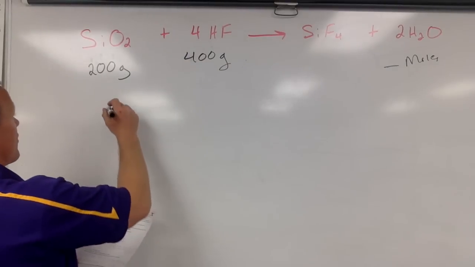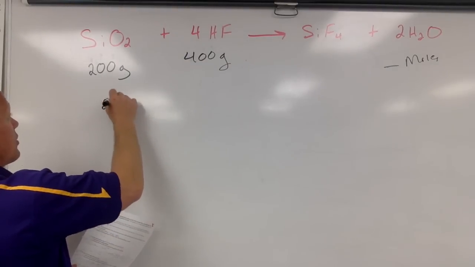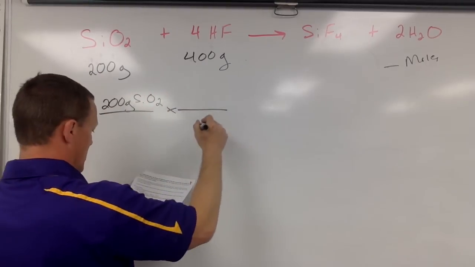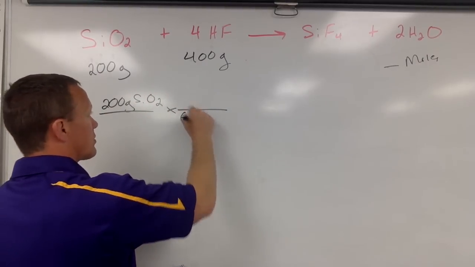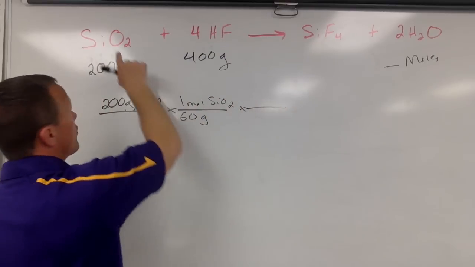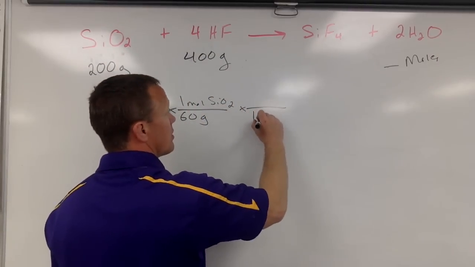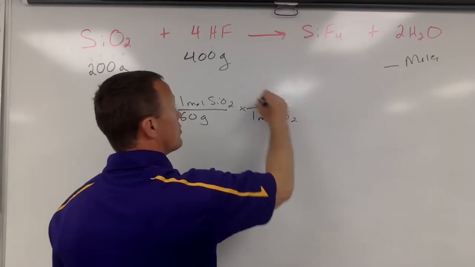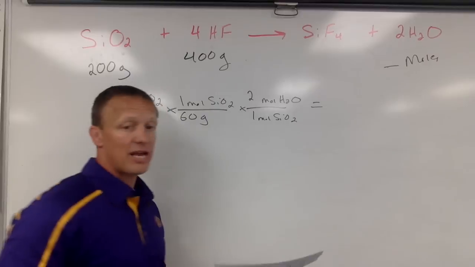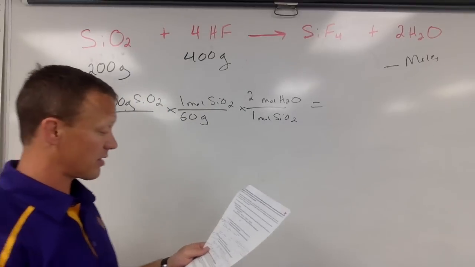So the first one I'm going to start with 200 grams of SiO2. It is 60 grams per mole. Do my ratio: for every 1 mole of SiO2, there's 2 moles of water produced. Again, I could go to grams, which means I'd have to do the molar mass of water after that.